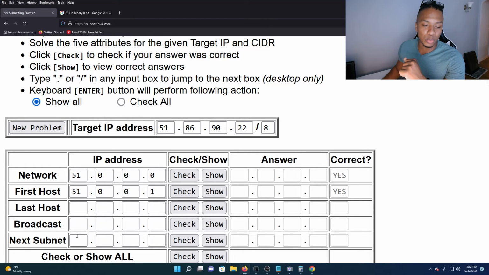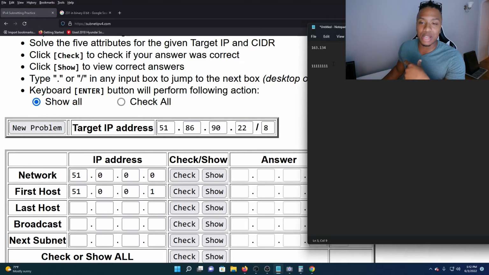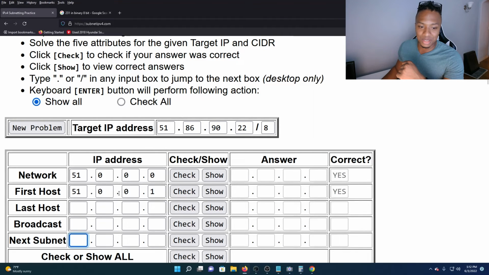But we know the next subnet, in my opinion, there is no magic number in this case. So let's guess. What do you think the next subnet is? If I had to guess, it's going to be 52000. I'm just going off of this right here.